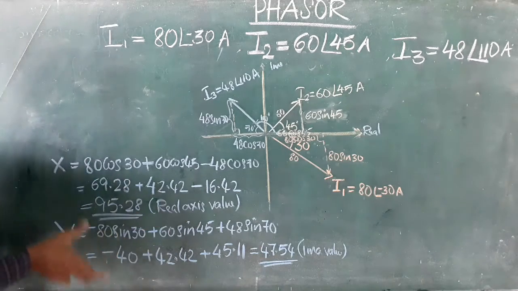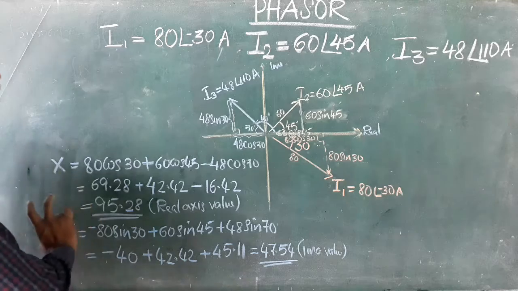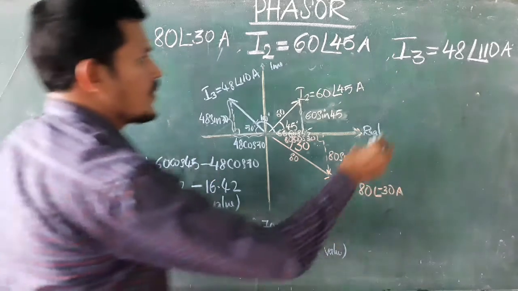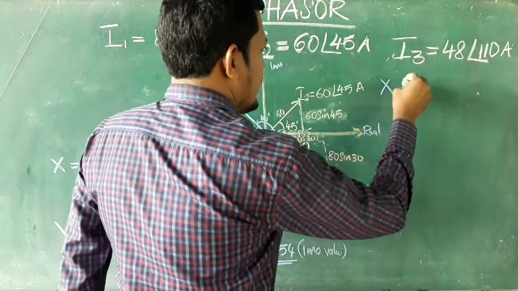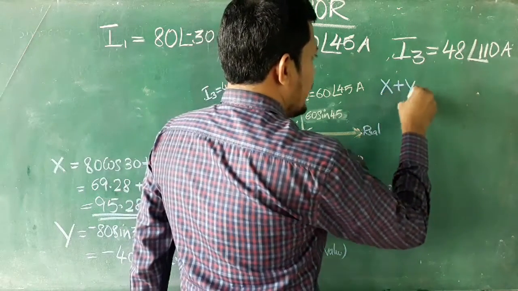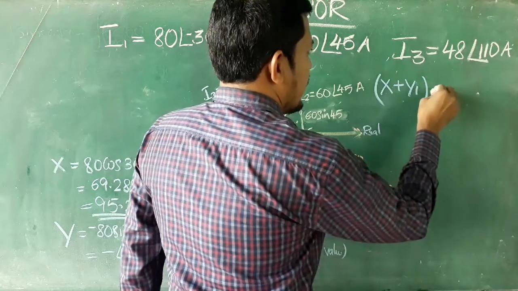So we can write directly the total real part and the total imaginary part, capital X and Y, in the form x plus yi, which means rectangular format.